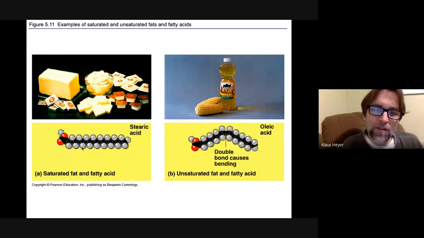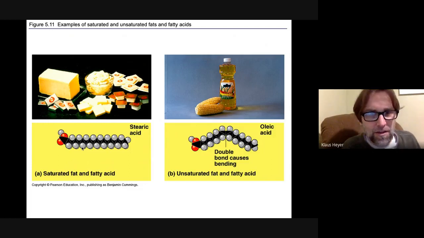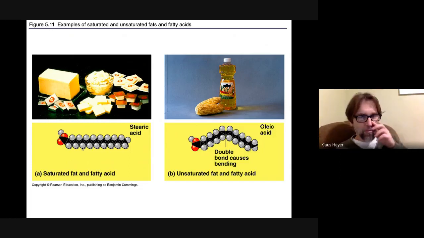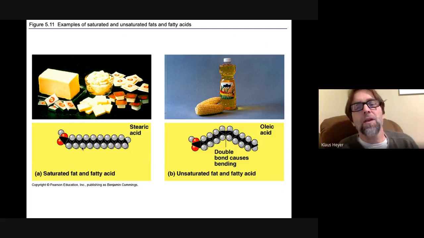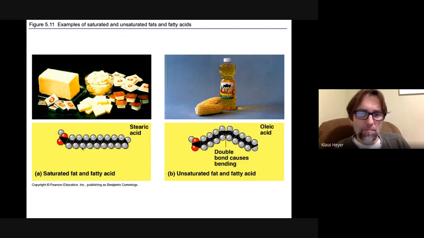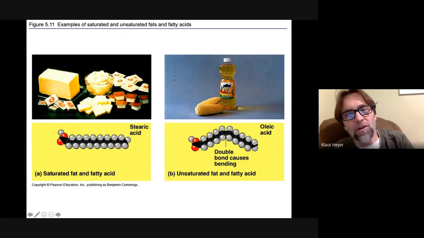There's two different forms that they come in. One form is a saturated fat, and one form is an unsaturated fat. Here are the differences between them. There's three differences between saturated and unsaturated. One difference is saturated fats are solid at room temperature. Butter, for example, is solid at room temperature. Corn oil is liquid at room temperature.